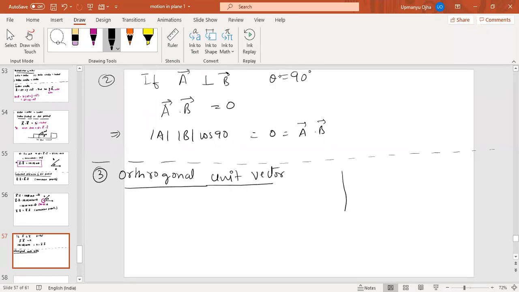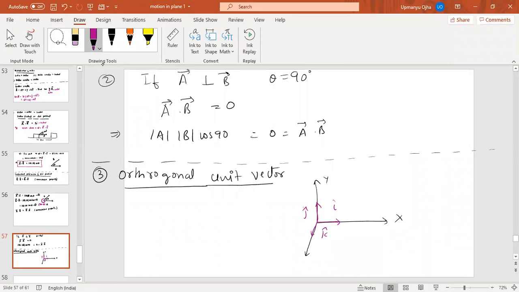If we take the x y z plane, this is x, this is y, this is z. Okay, now the unit vector along the x-axis is given by i cap, correct? The unit vector along the y-axis is given by j cap, and the unit vector along the z-axis is given by k cap. Okay, so these are the unit vectors along x, y and z.